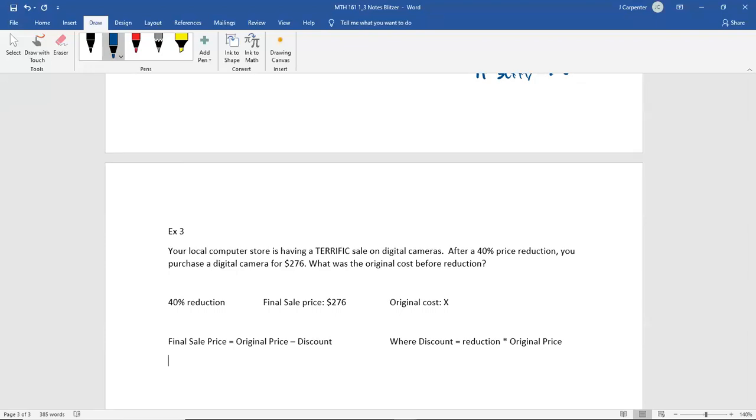So I called it a reduction here. Some people might call that discount. Some people might call that the discount rate. So there's an alternative name for this, reduction or discount rate. But you have to be very careful saying this. If you go in a store and you ask an employee, they're going to say it's a 40% discount.